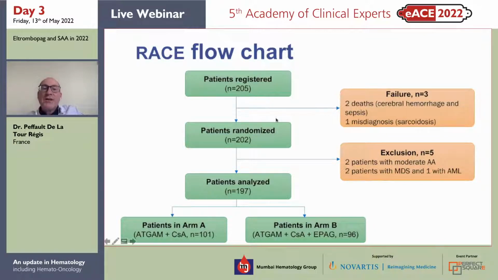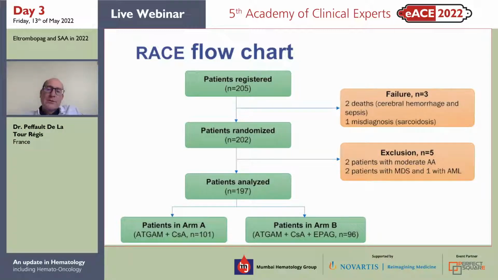So as you can see here, 205 patients were registered. We were not able to randomize 3 patients because of 2 deaths, and also because of 1 misdiagnosis, sarcoidosis, for 1 patient. At the end, 202 patients were randomized.